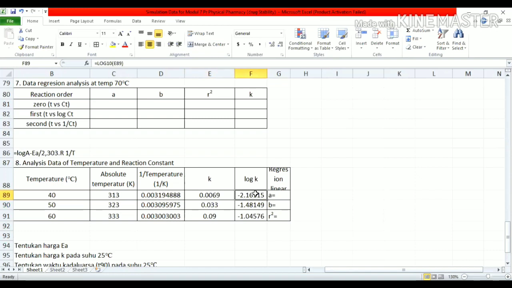So we can make a graph here using a scatter graph, and select the data.